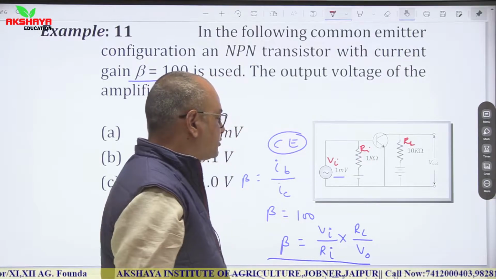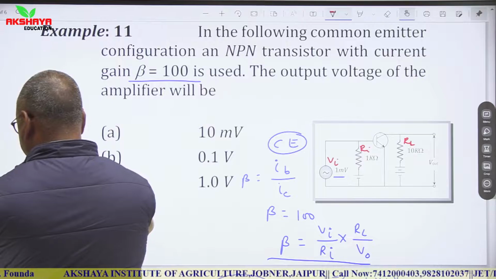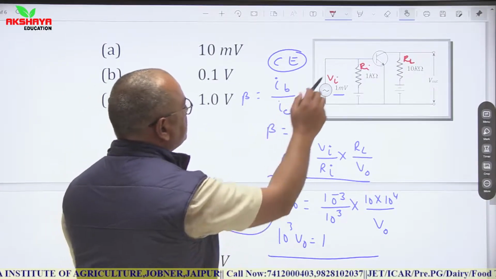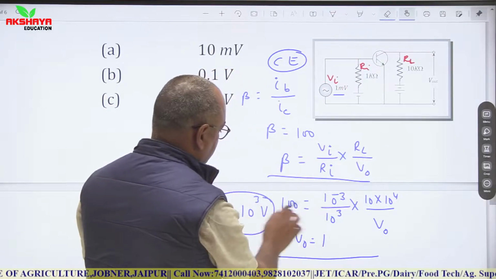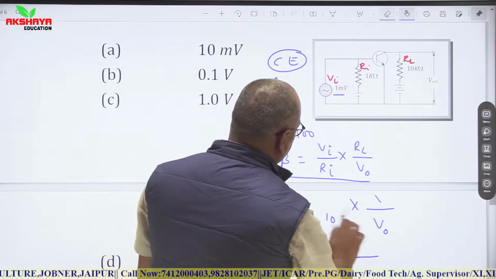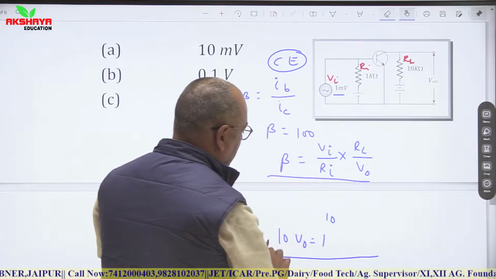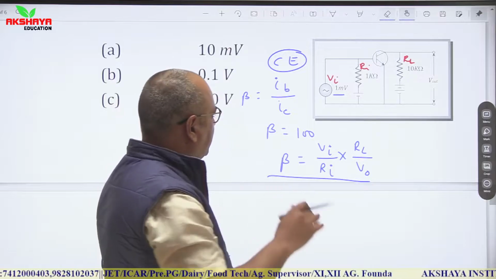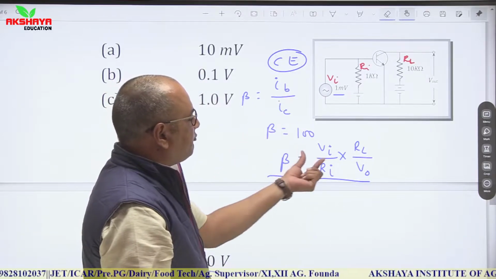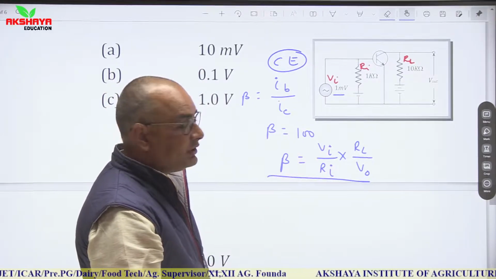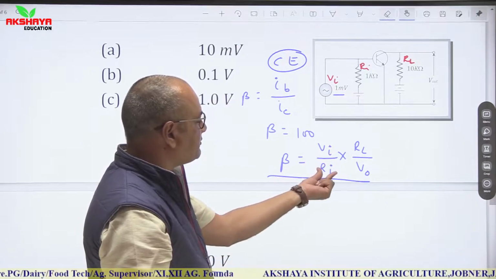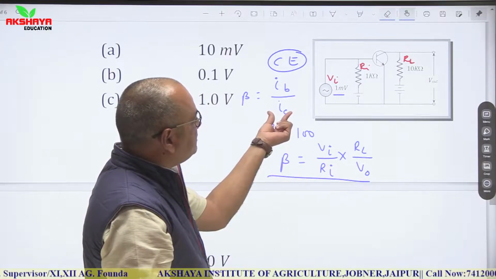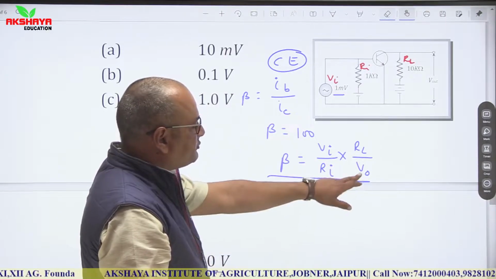So simply we will use the relation beta is equal to IC upon IB, and I can be calculated as V upon R. It means input voltage with respect to input resistance for IB, and IC is again V upon R, so it is VO upon RL.